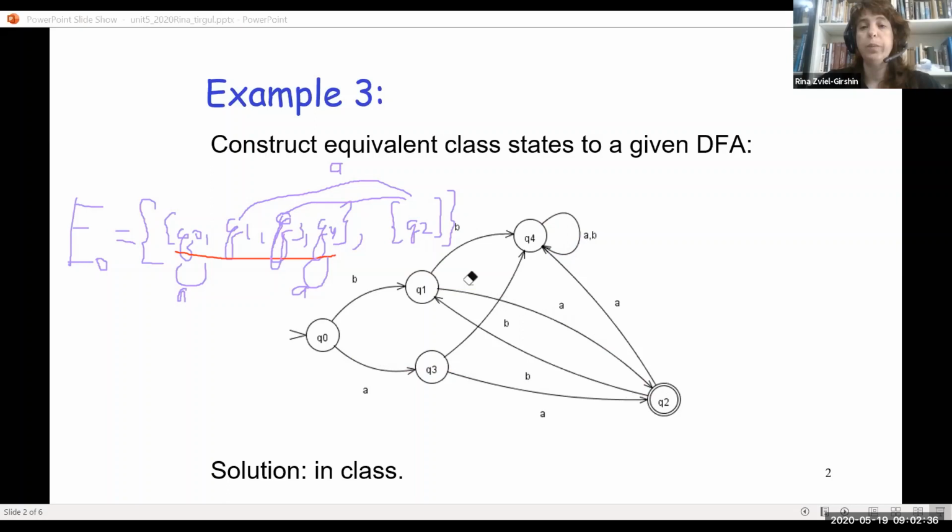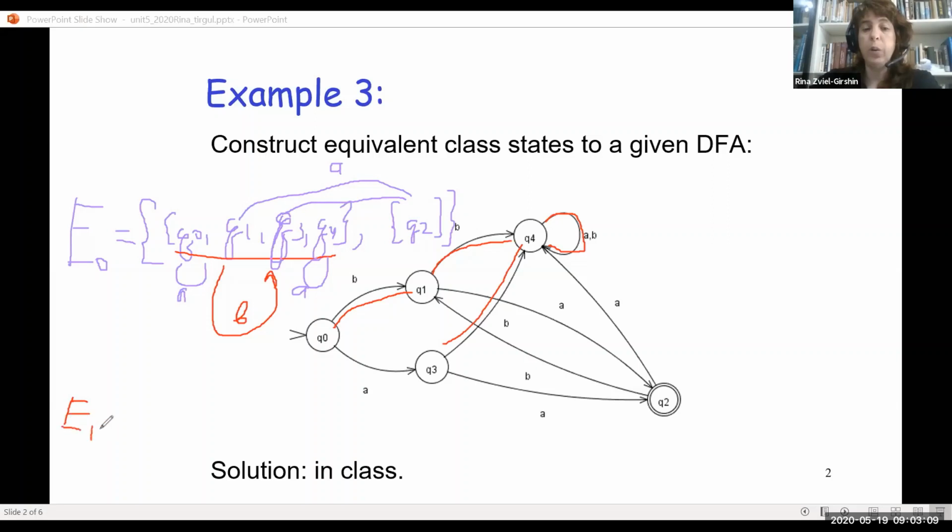Q3 and Q1 for input B, I go to the state Q4. Q4 for the input B, I also stay in Q4. And Q1 in input B, I move to Q1. So basically for input B, all the states stayed in the same group. I couldn't separate their behavior. So now I can write the definition of E1.